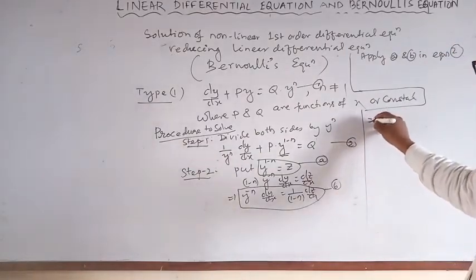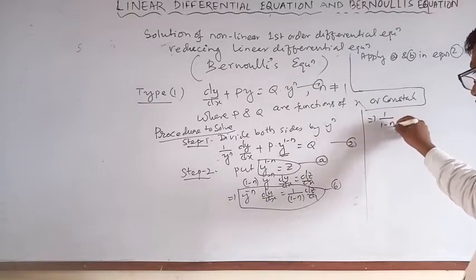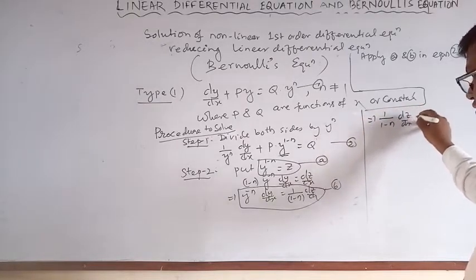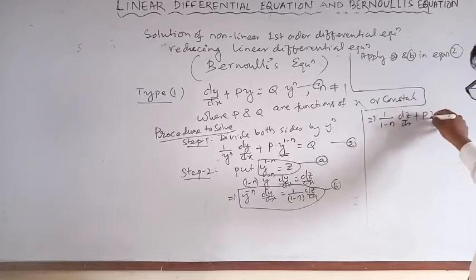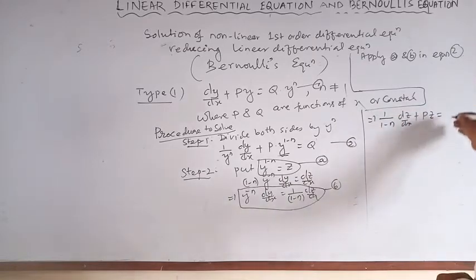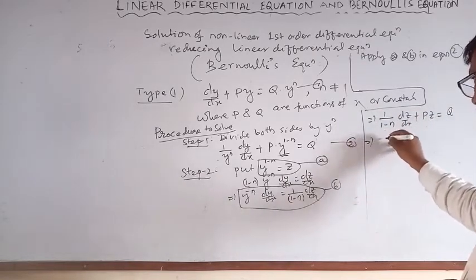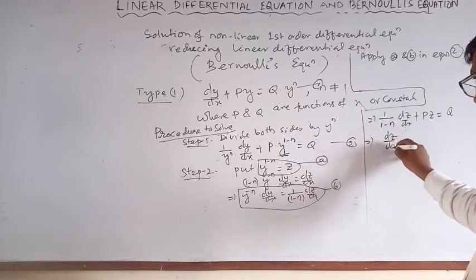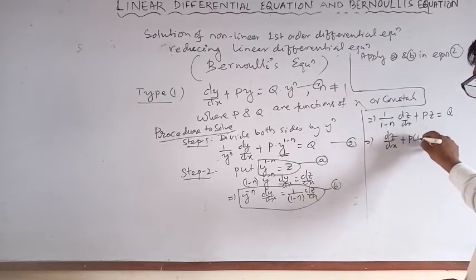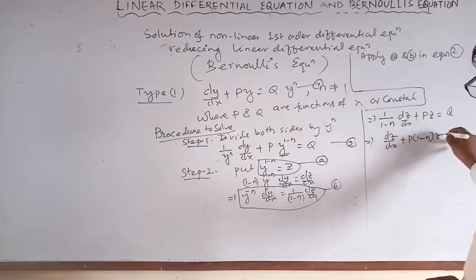That implies 1 by 1 minus n into dz by dx plus p into z is equal to q, or dz by dx plus p into 1 minus n into z is equal to q into 1 minus n.